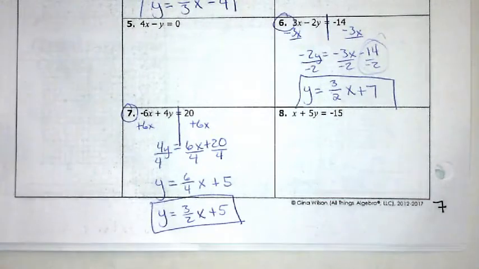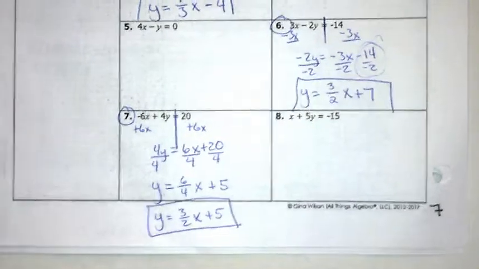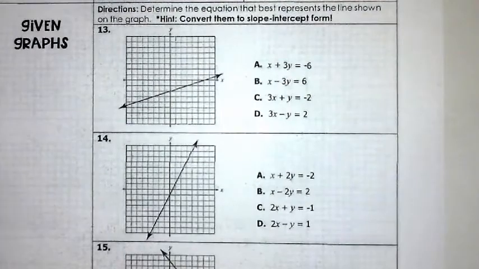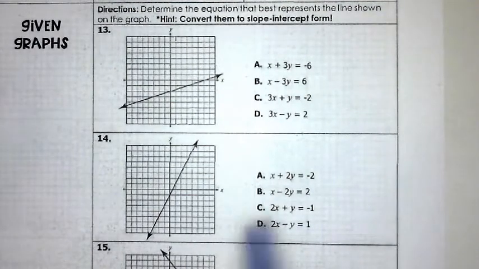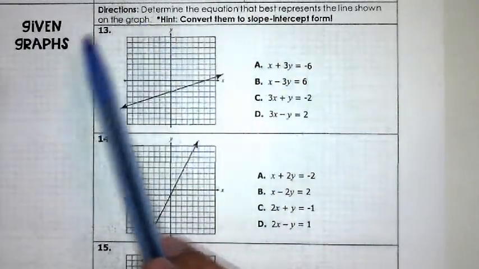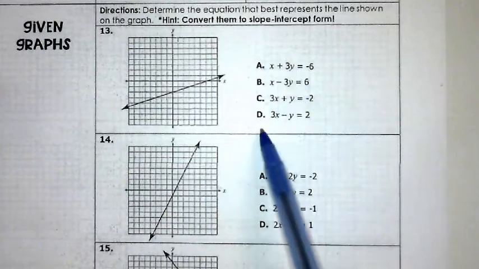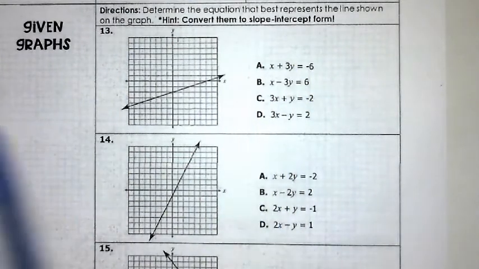So, we're not going to do those 4 due to time restraints. Okay? Given a graph, you have to figure out the correct standard form. Now, there's no cheat code to this. There's no shorthand way of doing this.